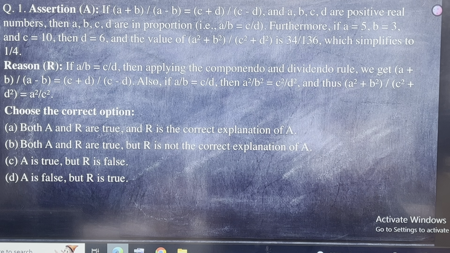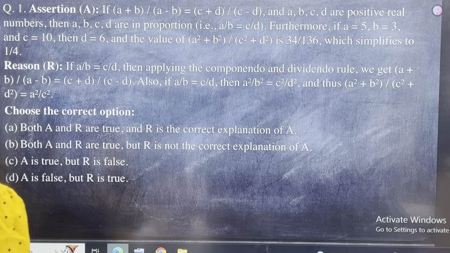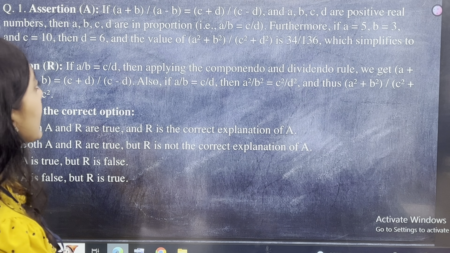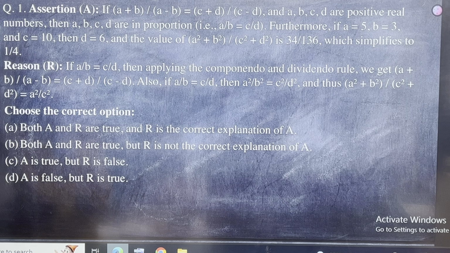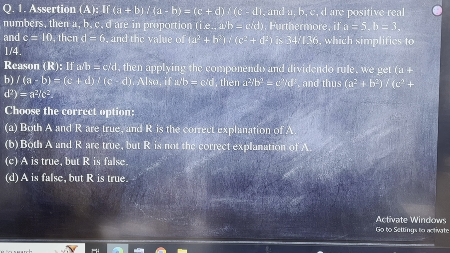Shall we start? So the assertion says a plus b by a minus b is equal to c plus d by c minus d, where a, b, c, d are positive real numbers, then a, b, c, d are in proportion. That is, a by b is equal to c by d. Is that correct?